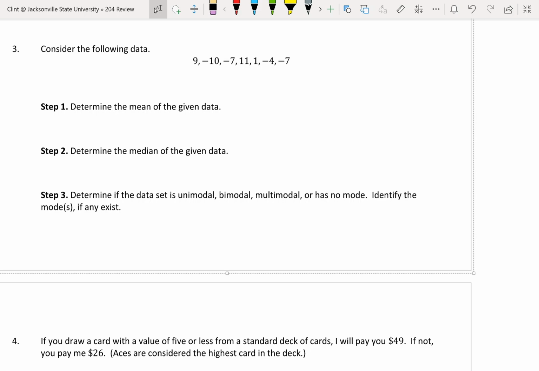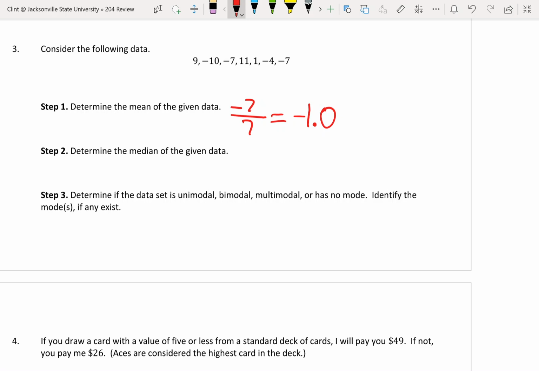We've got 9 plus -10 plus -7 plus 11 plus 1 plus -4 plus -7. There I get -7. And we've got to divide by 7 on this one. So we get -1, and if we're being real particular, I'd say -1.0.